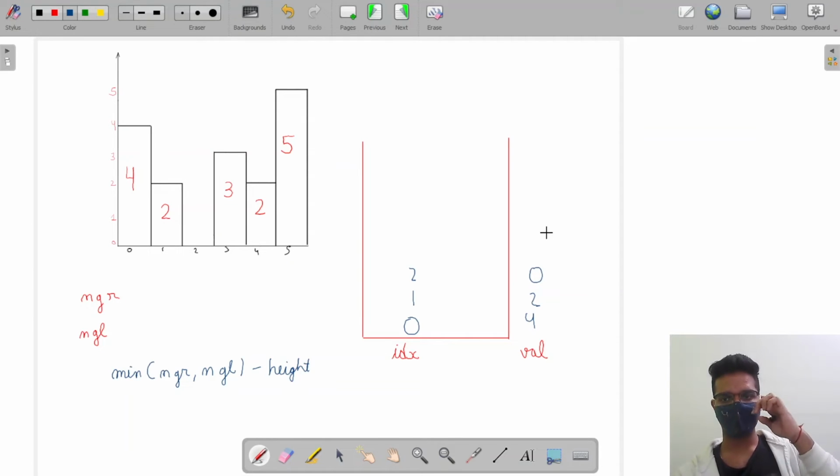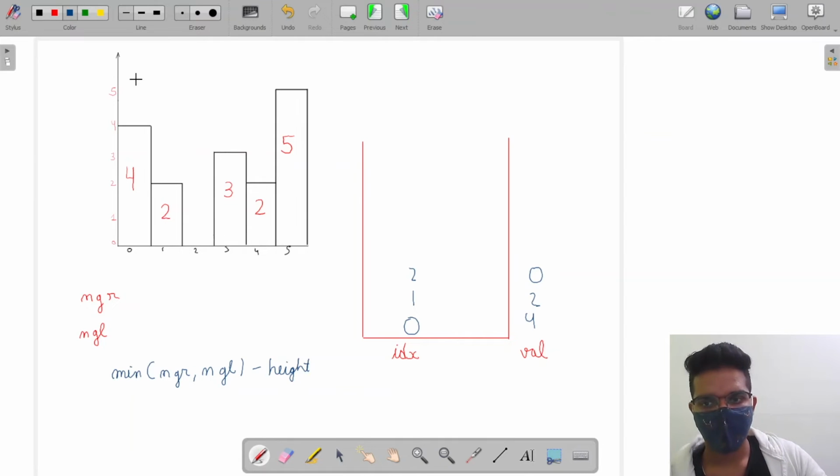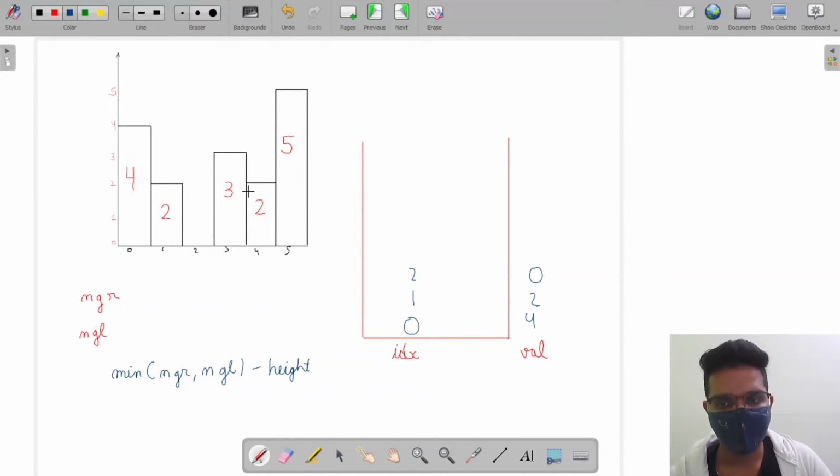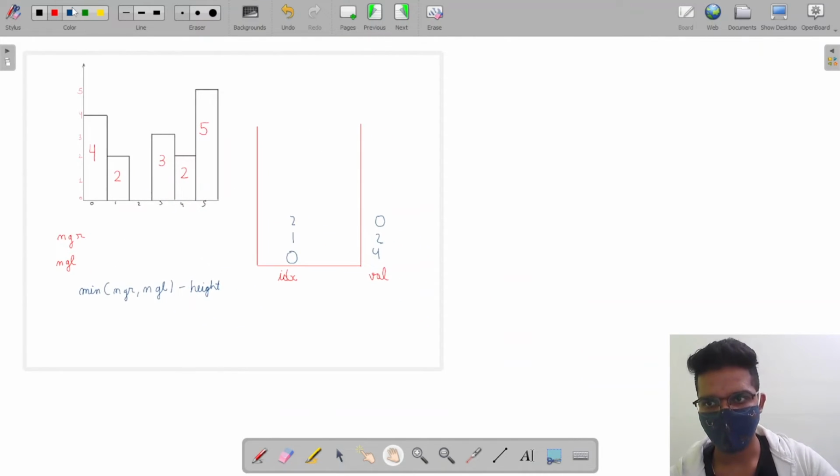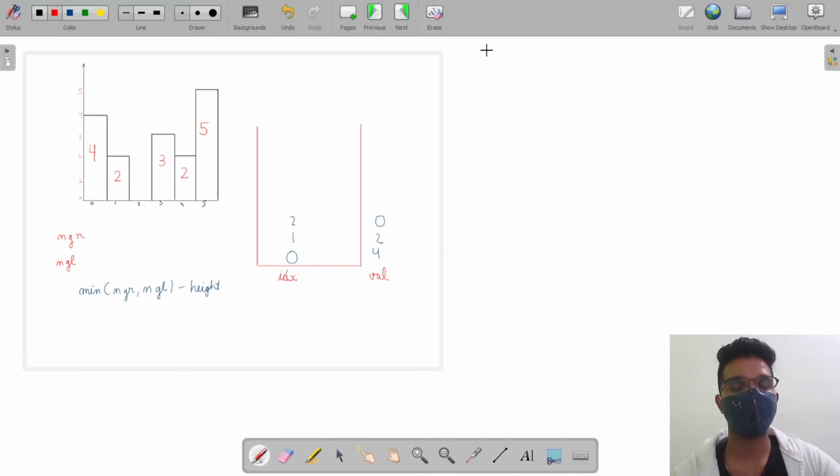Now comes the important part. Now we get at 3. So we know that 3 is the next greater right, as it is greater than the top element of my stack. So let me write it here. I need some space so that I can explain. First, what all is required? Next greater right is required. And then current is required.